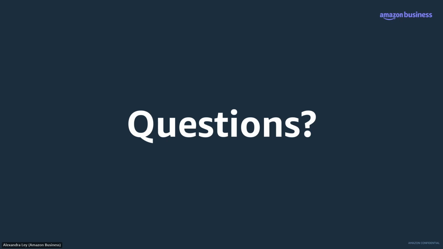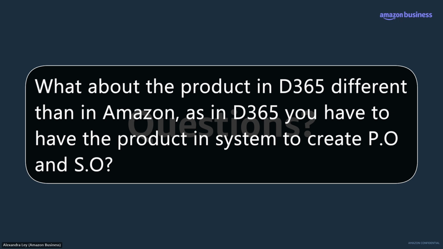One of the other questions is, what about the product being different in Amazon compared to the purchase order? If I interpret that question, the key here is that the item numbers that are on Amazon get transferred so that the user doesn't have to transfer item numbers.